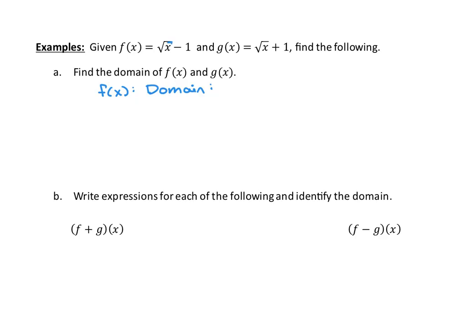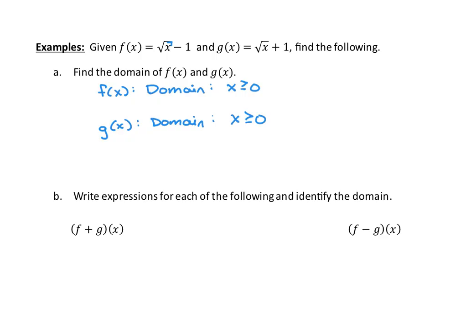Note that my square root does end after the x, and so x has to be greater than or equal to 0. For g of x, we have the same restriction, and because it's also just a square root, we don't really care about the outside. x has to be greater than or equal to 0.